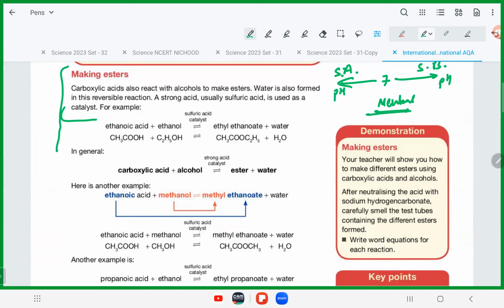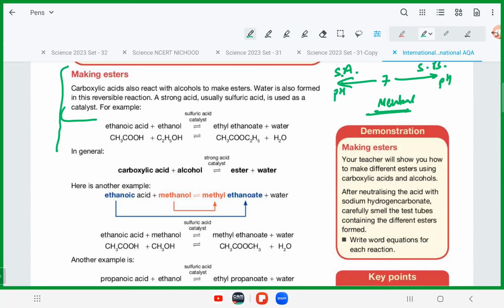Making ester. Carboxylic acid reacts with alcohol, and water is also formed in this reversible reaction.